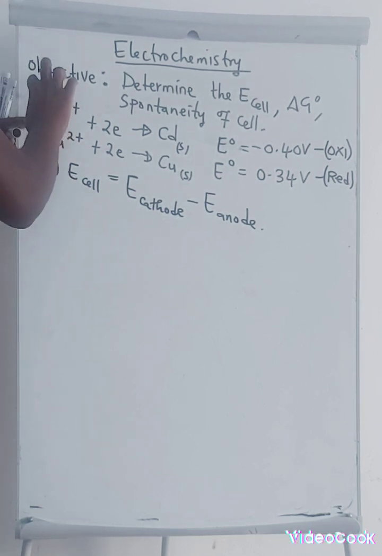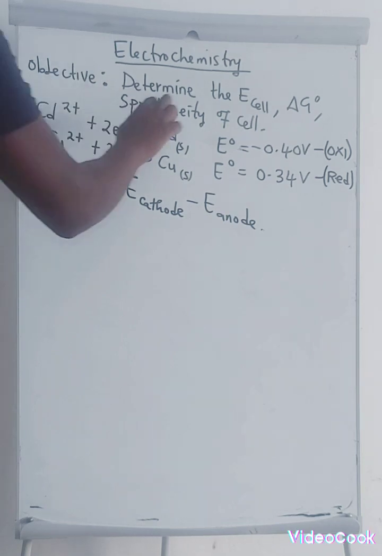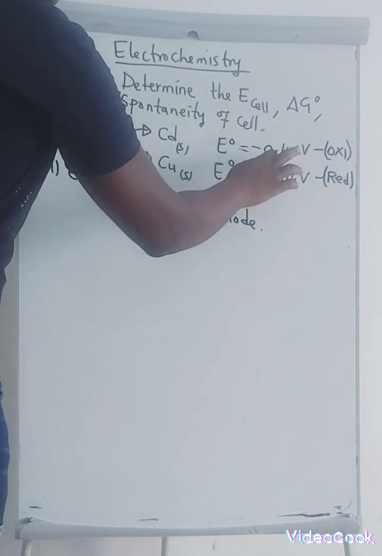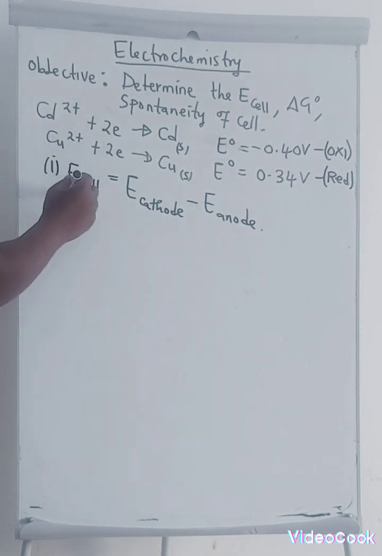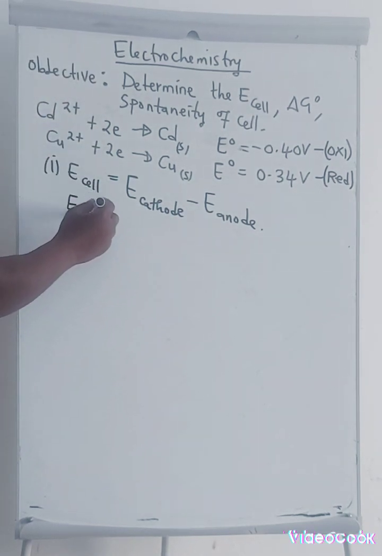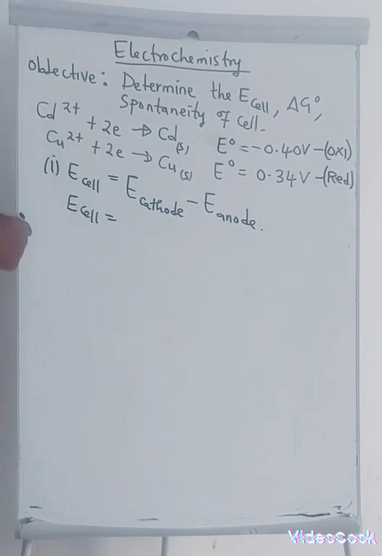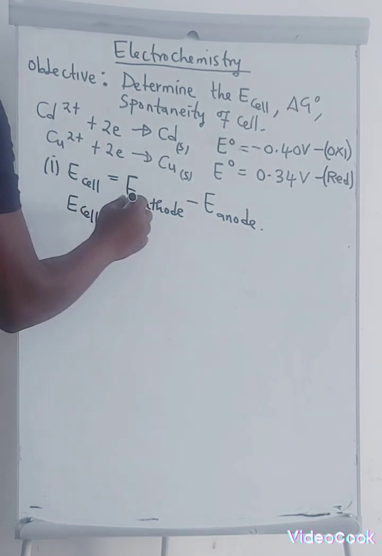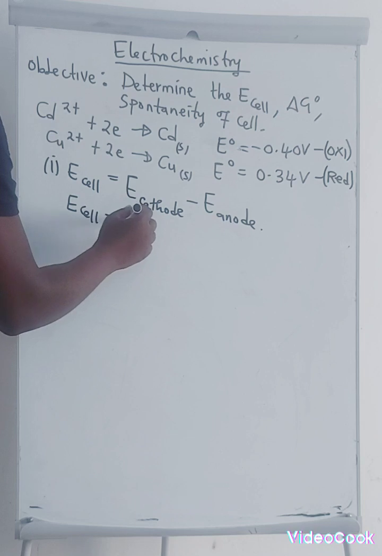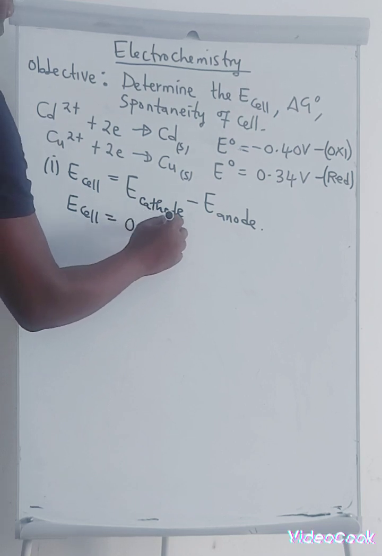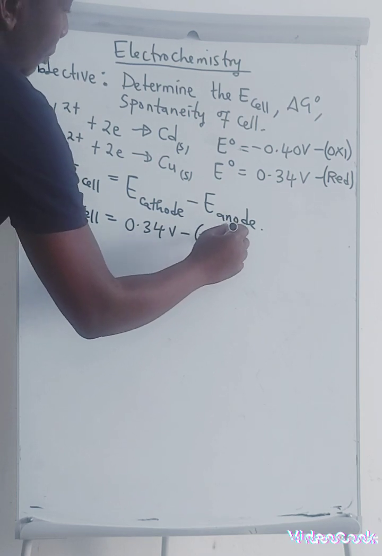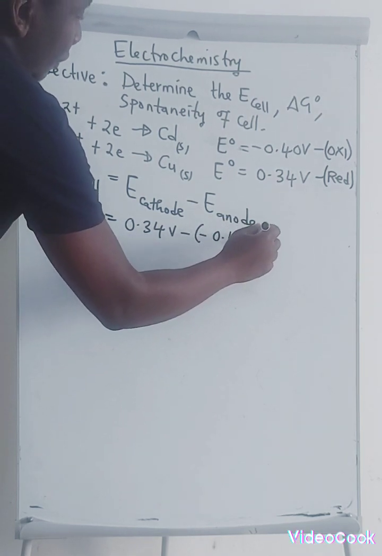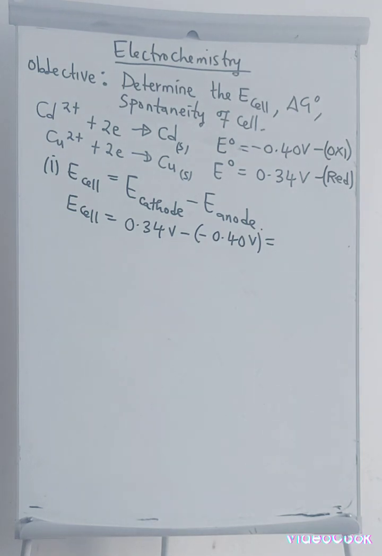The electrons move from the more powerful one, which is more negative, to copper. So E cell will be equal to copper, 0.34 volts minus negative 0.40 volts.